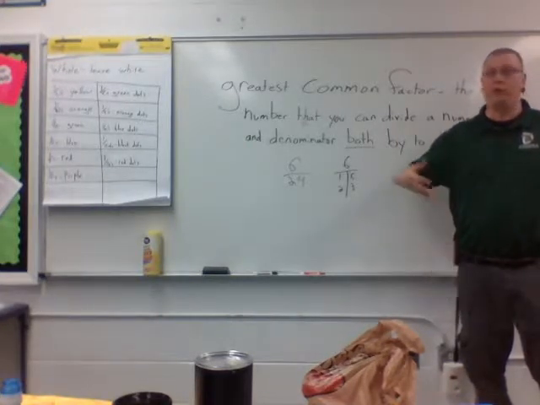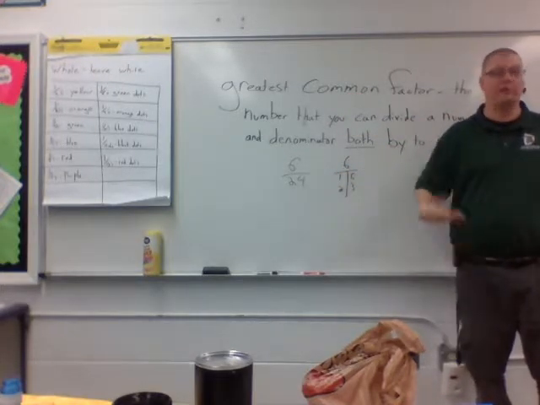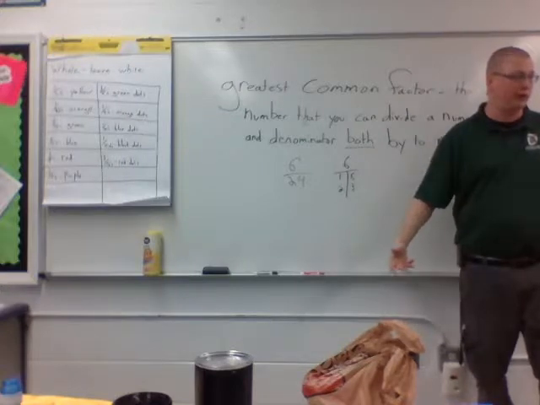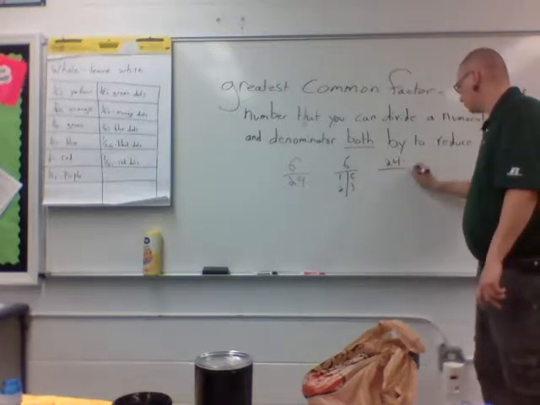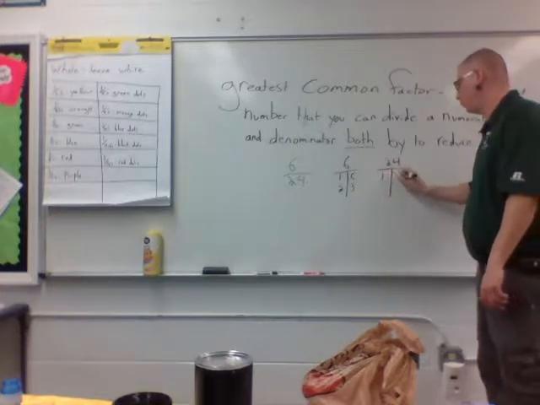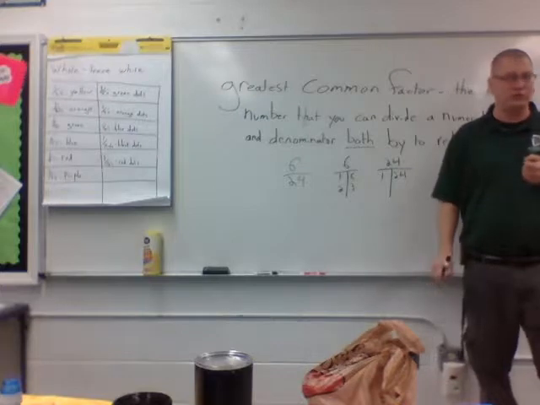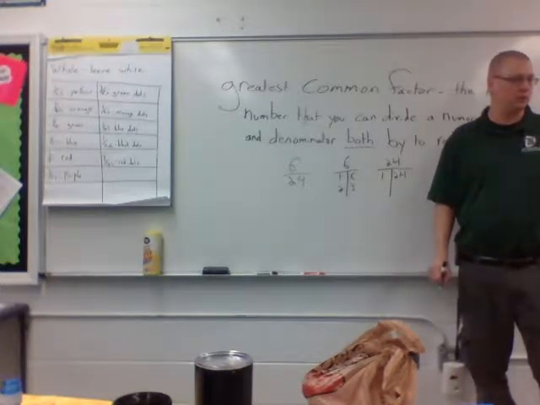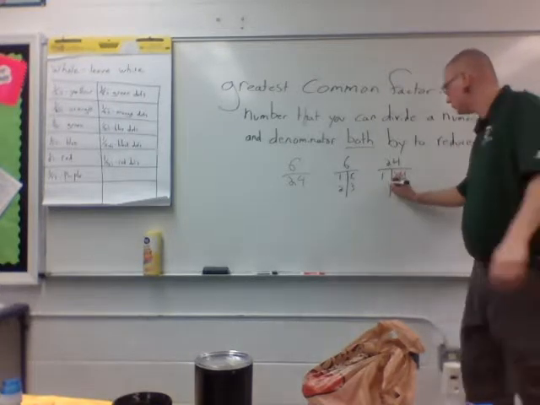Okay, so if we're looking for factors that these 2 numbers have in common, I have to see the factors for 24 as well, right? One times 24 is the easiest place to start, right? Is there anything times 2 that'll get you 24? 12.